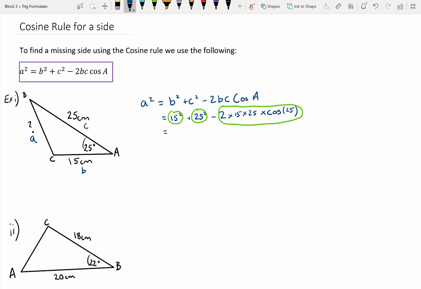So I'm going to have 15 squared, which is 225, plus 25 squared, which is 625, minus, and then we're definitely going to have to turn to our calculator now, and we are going to do 2 times 15 times 25 multiplied by the cosine of 25, and so we're going to subtract 679.73.